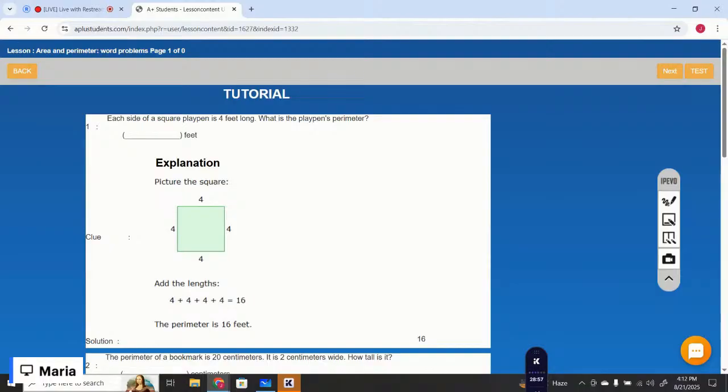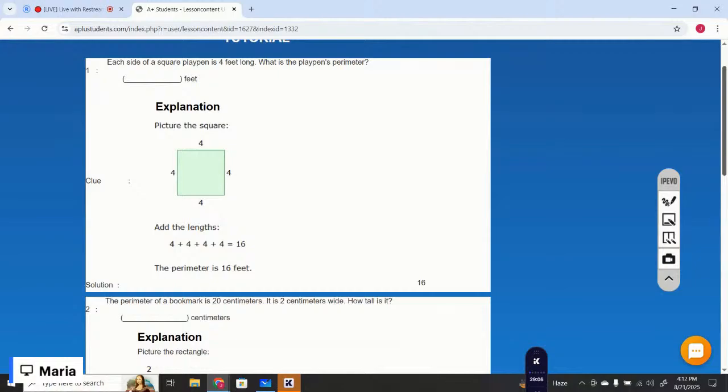Each side of a square playpen is 4 feet long. What is the playpen perimeter? You just need to add 4 plus 4 plus 4 plus 4. That equals 16.